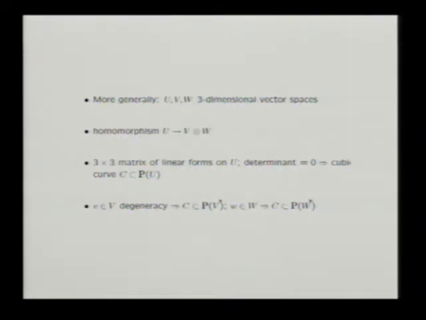So that defines the same abstract elliptic curve, but sitting inside a different projective space. And equally, I can do it on the other side, and think of the curve sitting inside this projective space. So I have one abstract curve, which is represented as a cubic in three different ways.